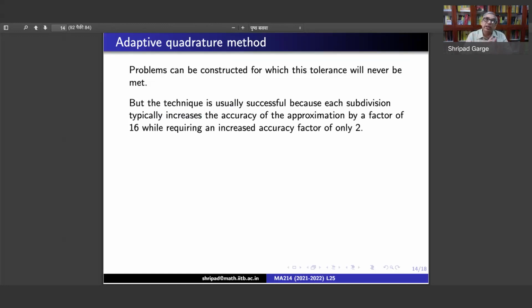That's the only thing. If you remember, we had the error h power 5 upon 90 times the fourth derivative at some xi, but when you divided it into 2 and applied the composite Simpson's rule, there was a 1 upon 16 that came. So the error is getting decreased by a factor of 16. What we are asking is whether the tolerance is epsilon by 2.